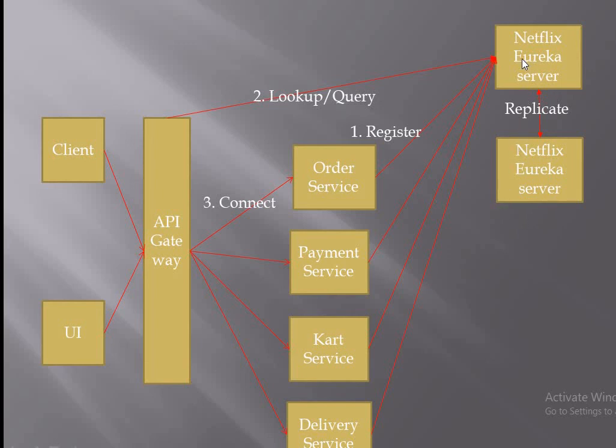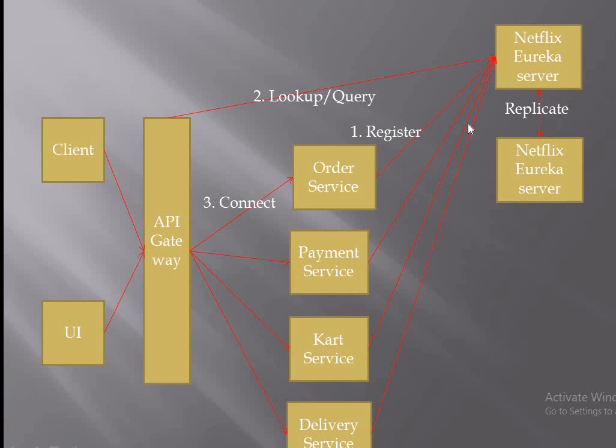So how do they work? They use peer-to-peer replication. What is the meaning of peer-to-peer replication? If order service is registered to a Eureka server, it will replicate that instance to the second Eureka server. So order service doesn't need to connect with both servers.